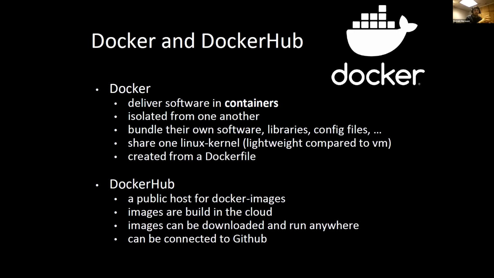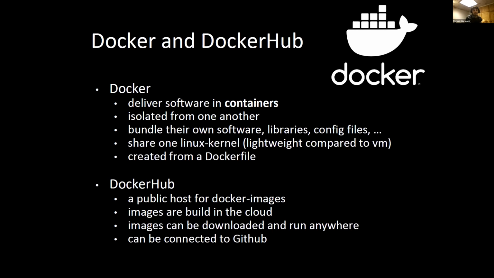And similarly to Git and GitHub, you have Docker and DockerHub. DockerHub is a public host for Docker images. An image is what you build when you run the Dockerfile, and then from this image, you can launch a container.